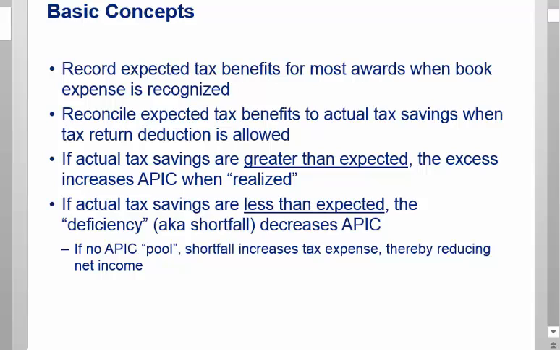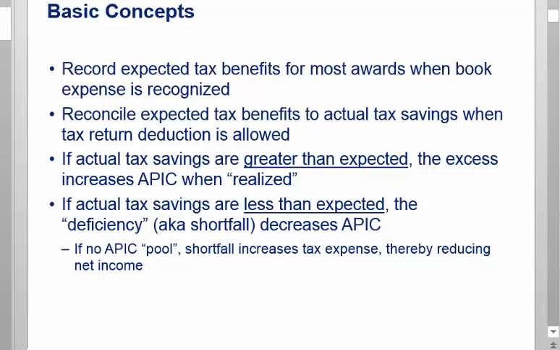Okay, so with that, let's go back through stock compensation. So I'm on slide 4. Slide 4 was the 4 bullets that talked about the process that we go through for every award to figure out how to account for that award.